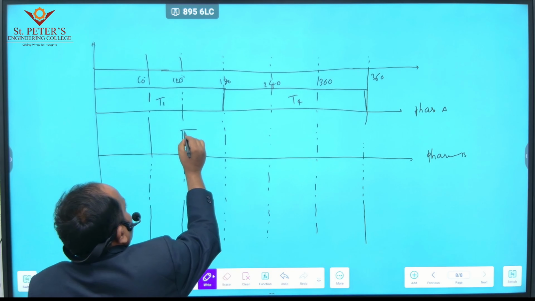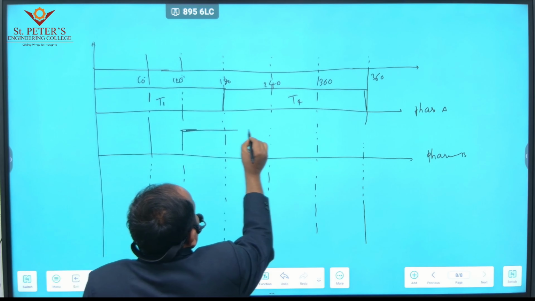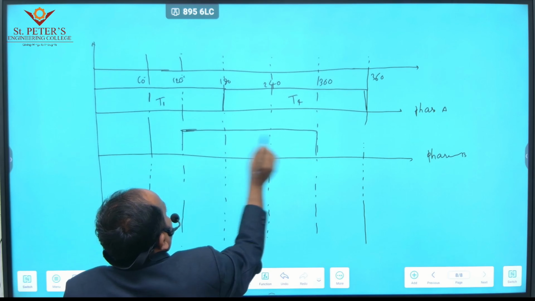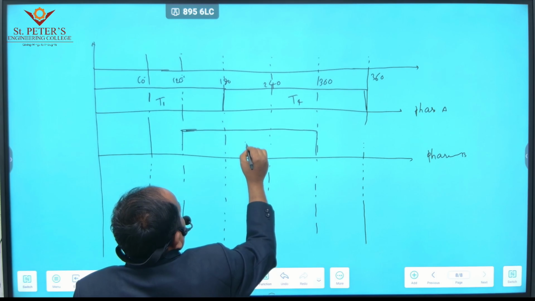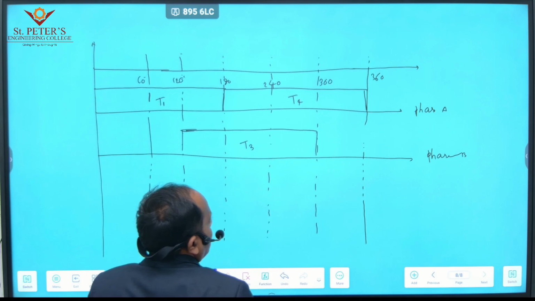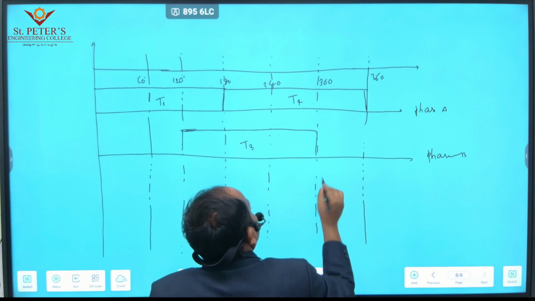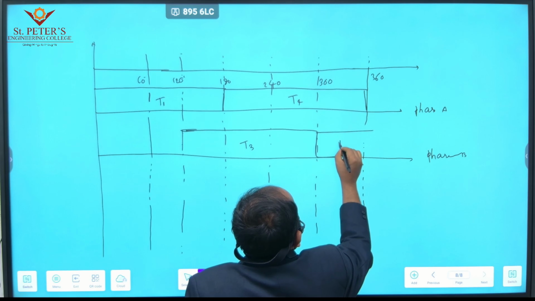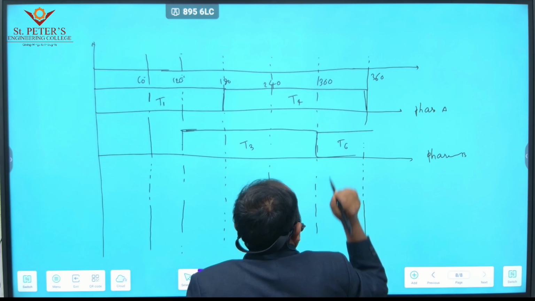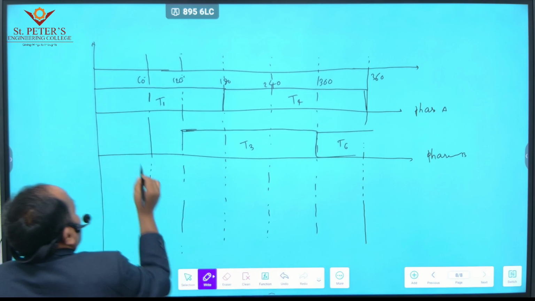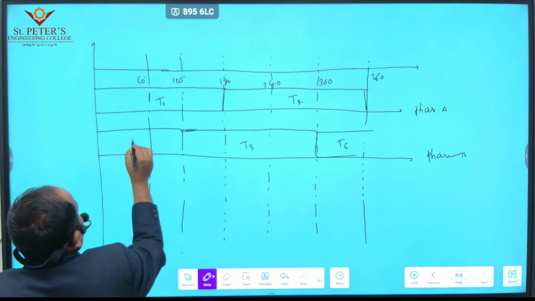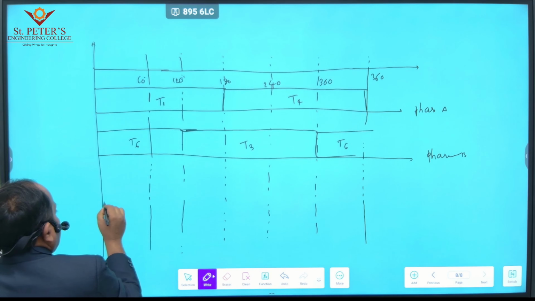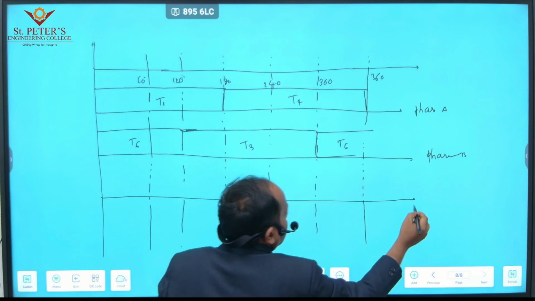That's why phase B starts from 120 and conducts up to 300, because the conduction is 180 degrees. So this is T3. And in the remaining 180 degrees, the negative thyristor T6 conducts.